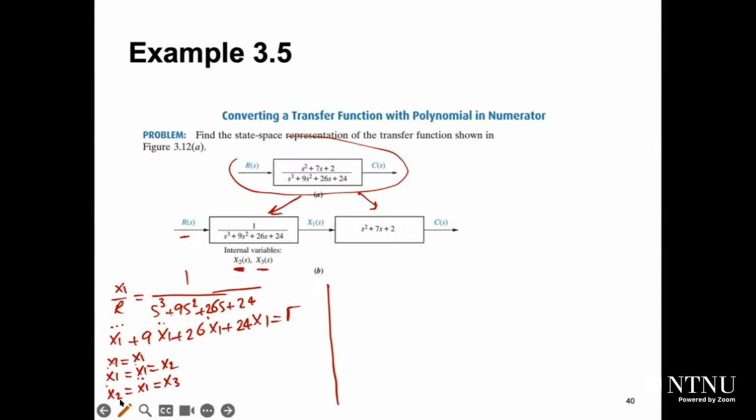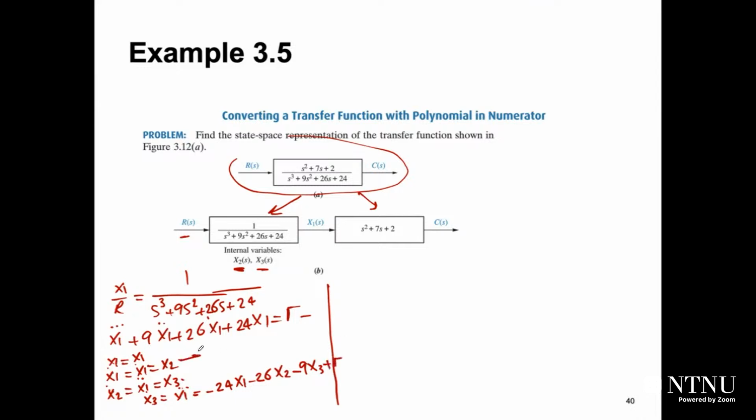And finally, we will have x3 dot equals x1 triple dot, equals, from this equation, minus 24 x1. What is x1? x1 is my state. Minus 26 x1 dot, what is x1 dot? Is x2. Minus 9 x1 double dot. What is x1 double dot? It's x3. Right? Plus r.